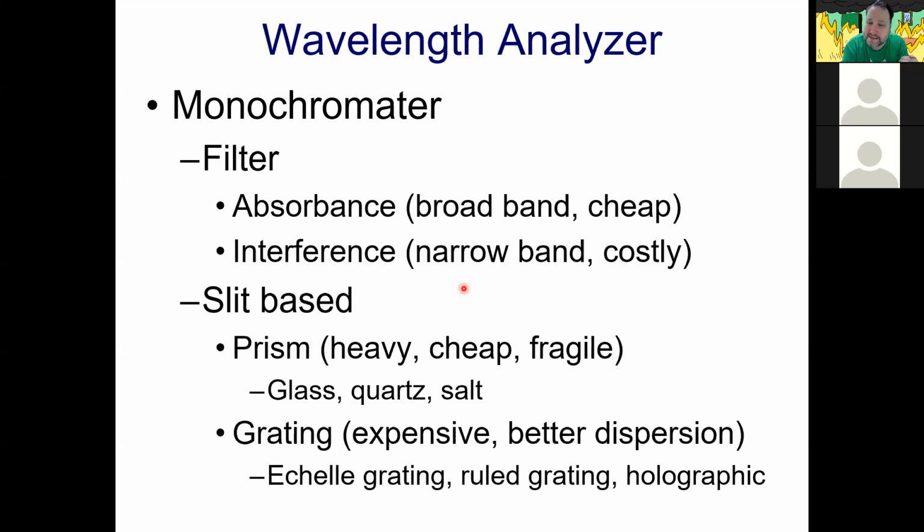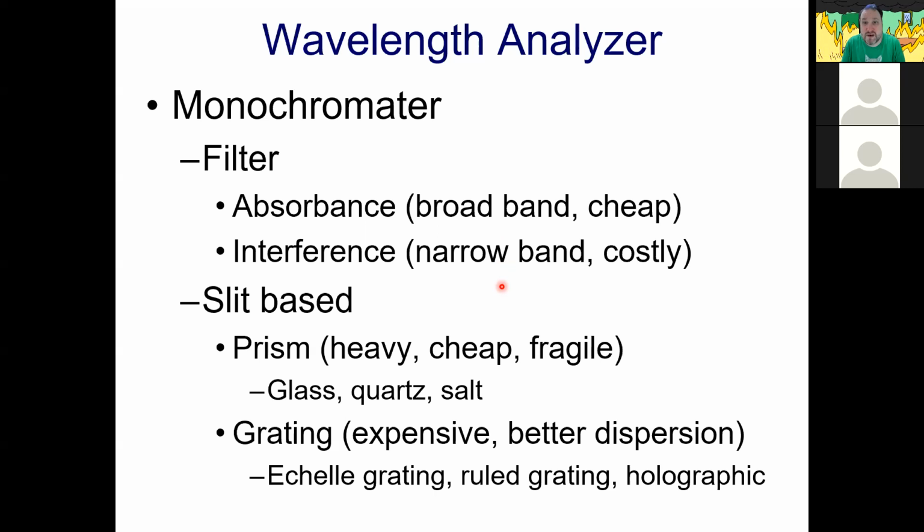Right? The problem is that these things are very, very expensive. An absorbance filter that's blue, or red, or yellow, you can buy a piece of glass at Hobby Lobby, plunk that in, and that's going to cost you pennies. An interference filter is going to run you at least $100, and it could go up into a couple hundred.